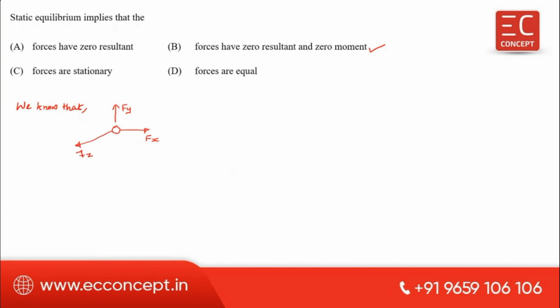Also, we need to equilibrate moment in x direction, moment in z direction, and moment in y direction. So in total, there are 6 equations required to equilibrate a point. That's the meaning: the forces have zero resultant and zero moment.